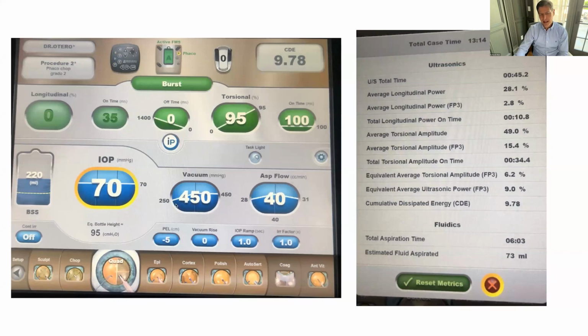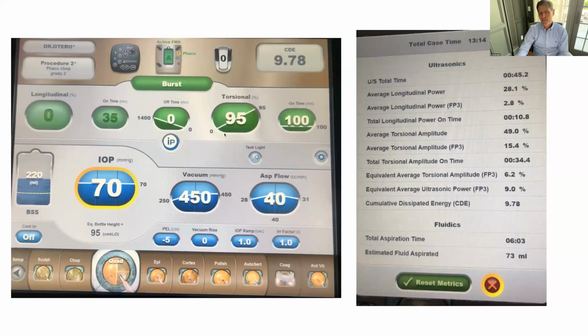As you can see, the vacuum progresses. So as I push the foot pedal, it'll rise. I maintain an IOP of 70, and I have a high aspiration. I want those tips to flow into the phaco tip, and I don't want to be looking for them.